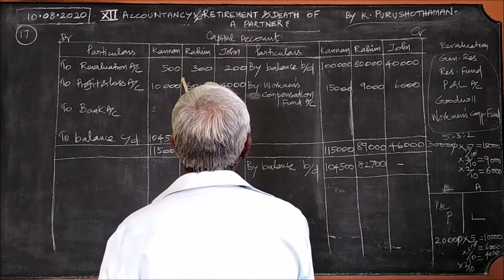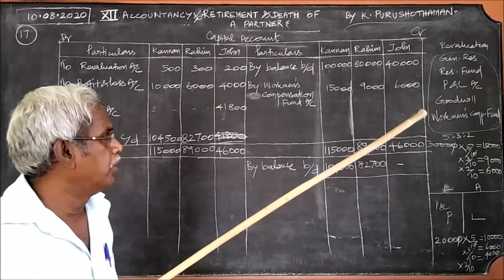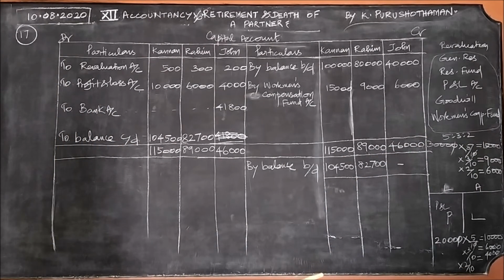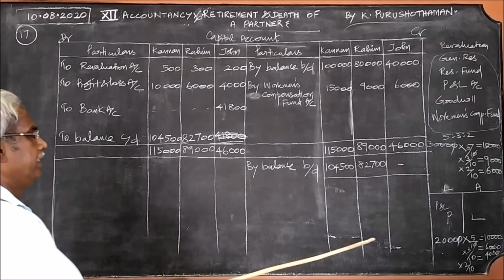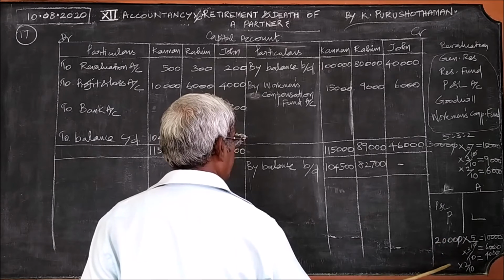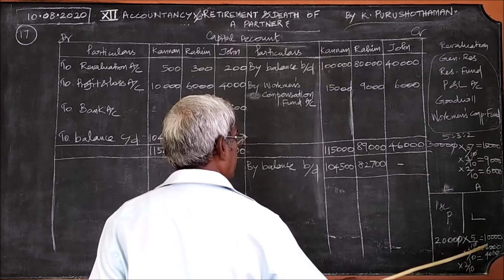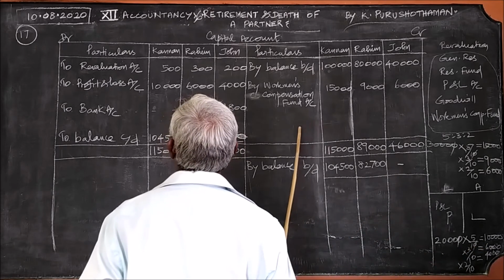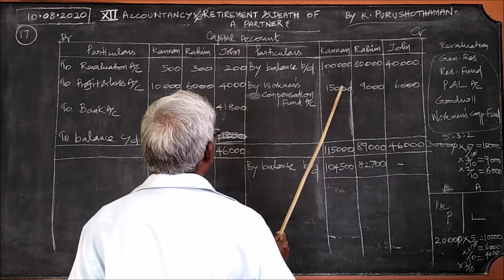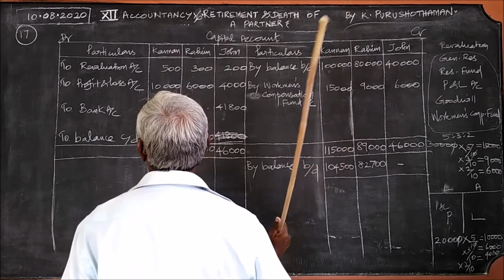So to profit and loss account, since the amount given there is 20,000, we should write there 20,000 into 5 by 10, 20,000 into 3 by 10, 20,000 into 4 by 10, and we have calculated and simplified the amount, 4,000. So that amount should be written here, workmen's compensation fund, 15,000, 9,000, 6,000.